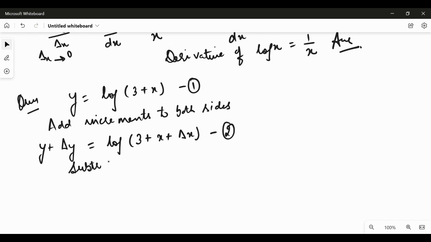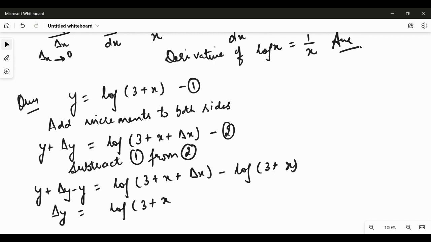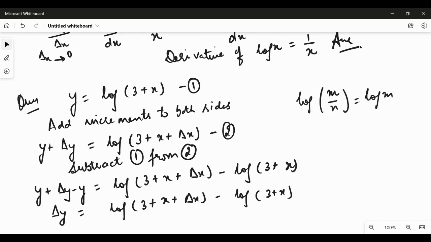Next step is subtract the first equation from the second equation. What I will get, y plus delta y minus y is equal to log of 3 plus x plus delta x minus log of 3 plus x, right? This is the thing. What I will get, delta y is equal to log of 3 plus x plus delta x minus log of 3 plus x. Now I will apply the property log m by n is equal to log m minus log n.